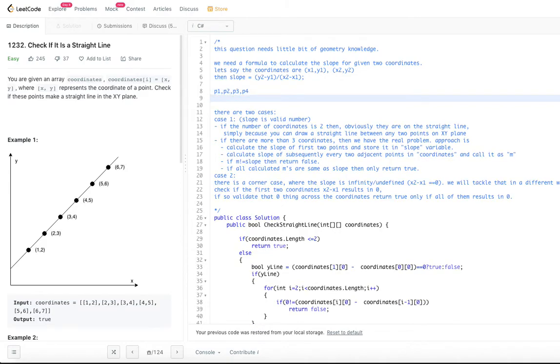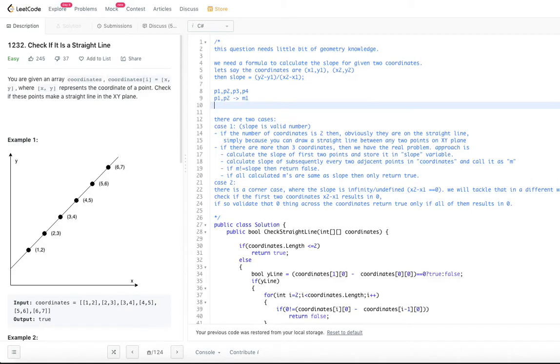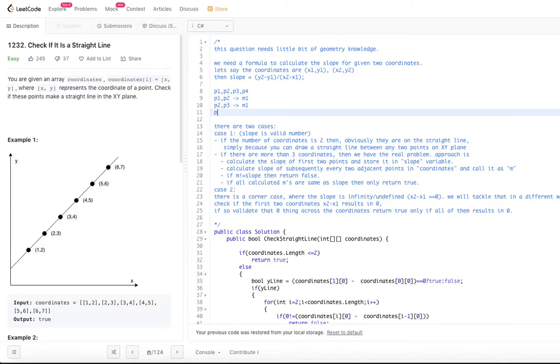The P1, P2 slope, let's say it's M1. So the P2, P3 slope should also be M1. Otherwise, we will say the points do not make a straight line. Similarly, P3, P4 should also be M1. If that is the case, we will say all those points are lying on a single straight line. If the slope is not the same, we will say they are not falling on the same straight line.